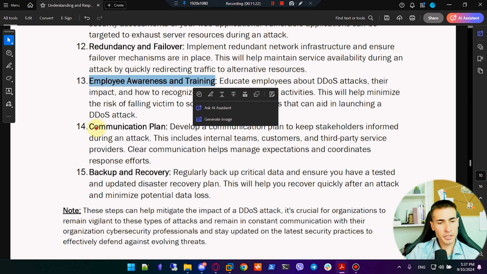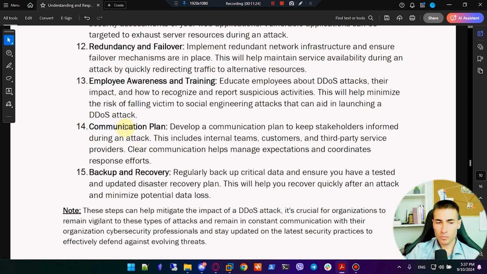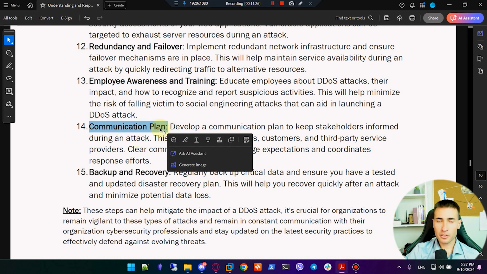Employee awareness and training. Communication plan, something that's actually underestimated, just as with the incident response plan. Communication planning is really important. You have to have a person that is dedicated in a specific scenario to conduct the communication and implement the communication strategy.